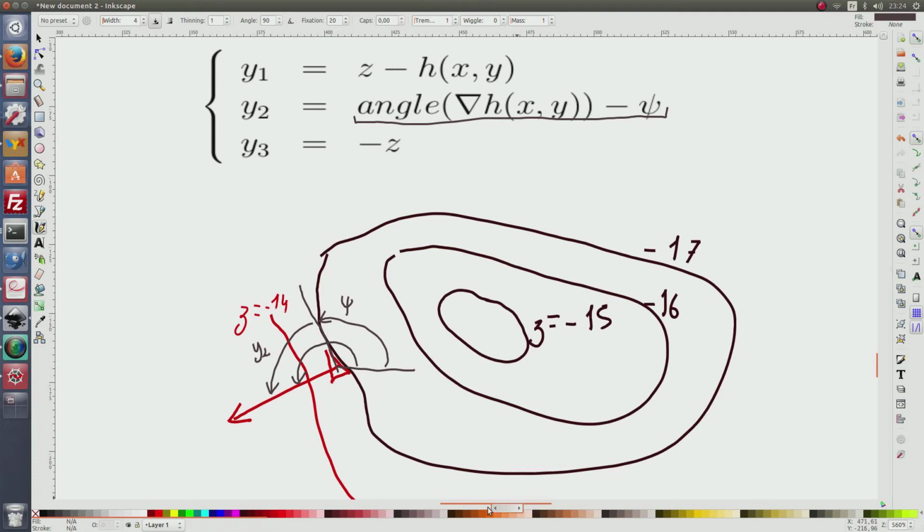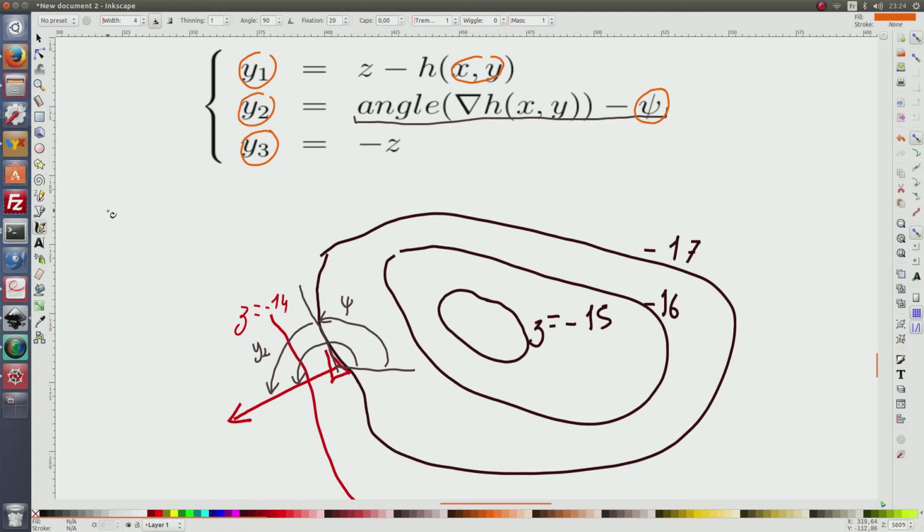So recall that the robot is not able to know its position x and y. It has no compass, so it is not able to know its heading. It only measures its depth with respect to the distance to the floor, the vertical distance y1, and the direction of the gradient in its own frame.